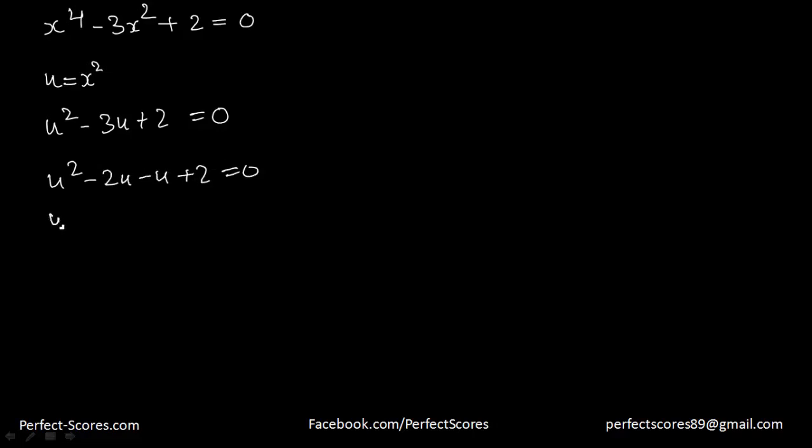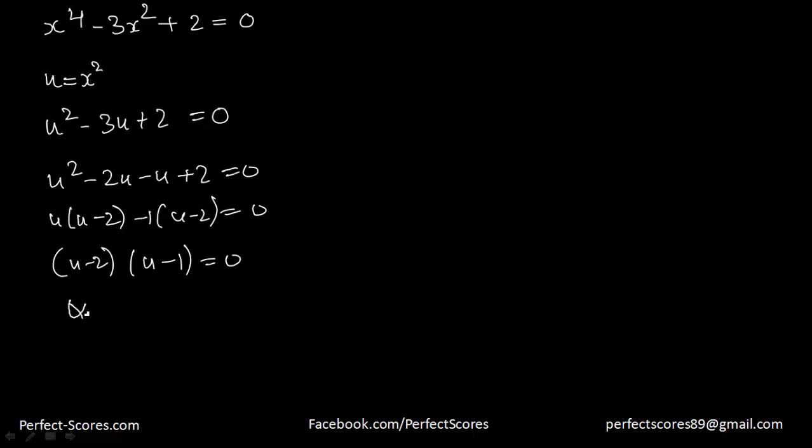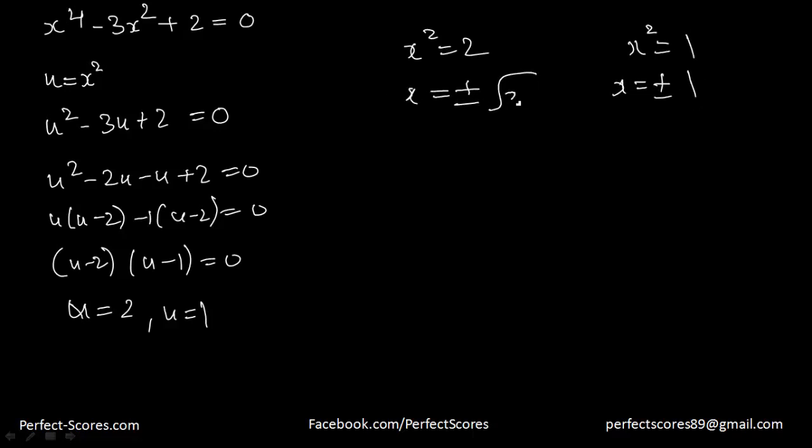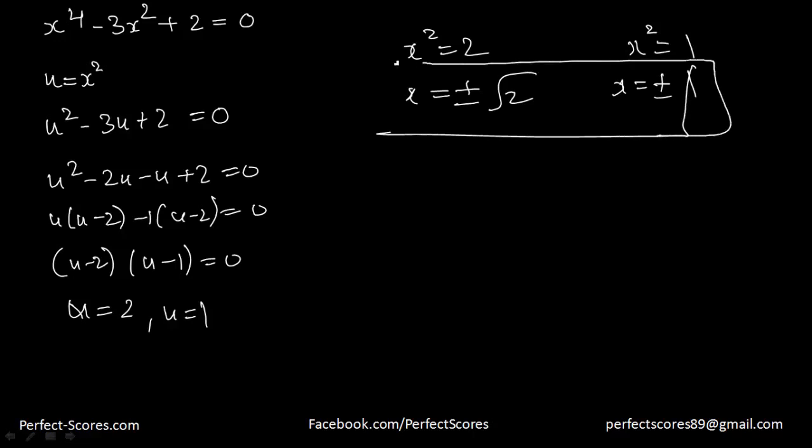That means u into u minus 2 minus 1 into u minus 2 is 0. That means u minus 2 and u minus 1 is 0. That means either u is 2 or u is 1. That means either x square is 2 or x square is 1. From here x can be positive or negative 1, and from here x can be positive or negative square root 2. So these are the values that are there.